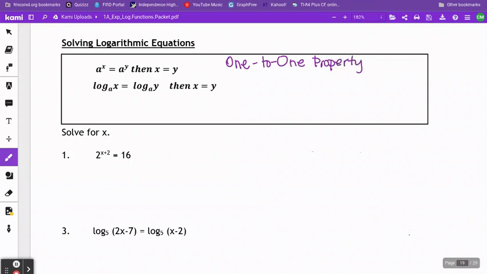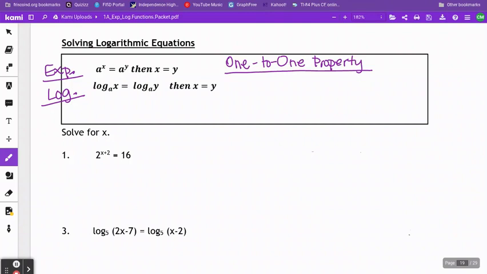For exponentials as well as for logarithms, there is the one-to-one property that states if you have one exponent equal to another and they have the same base, then you are allowed to pull the exponents off and set them equal to each other and solve your equation.